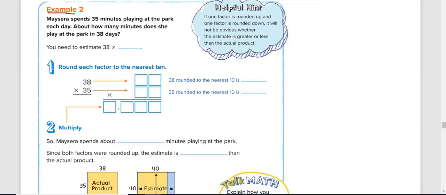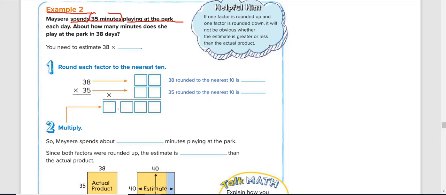So example 2, let's take a look. You can pause the video at this point and put in your answers, and you can play it back afterwards to see if you are correct. A student spends 35 minutes playing at the park each day. About how many minutes does she play at the park in 38 days?